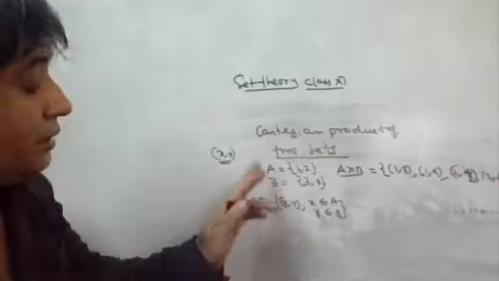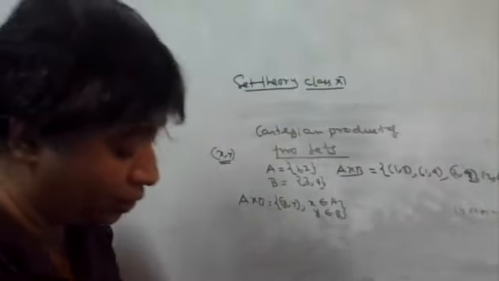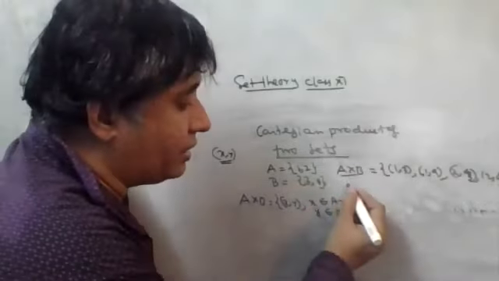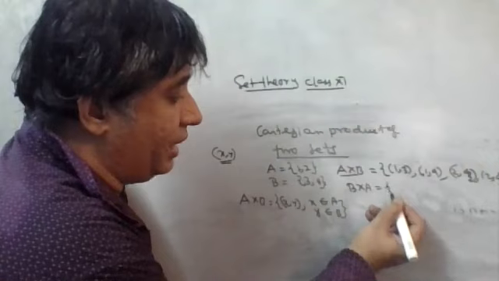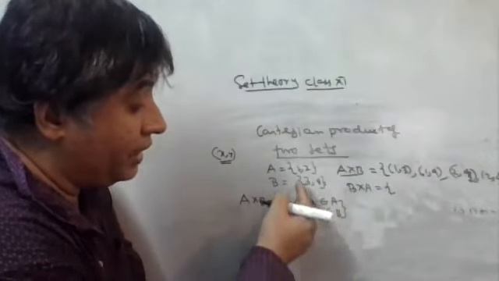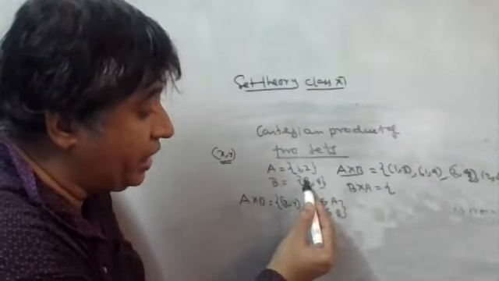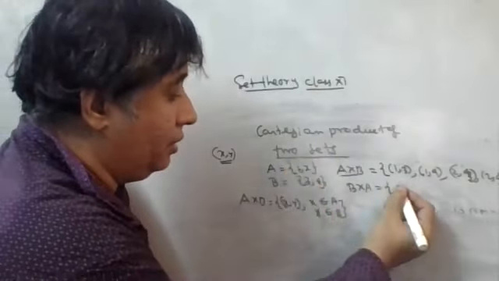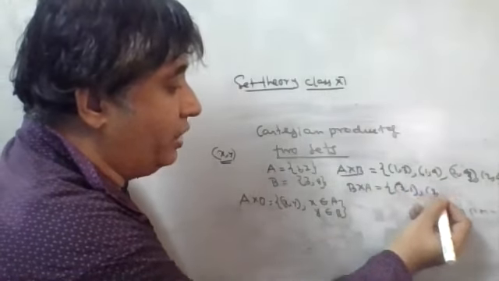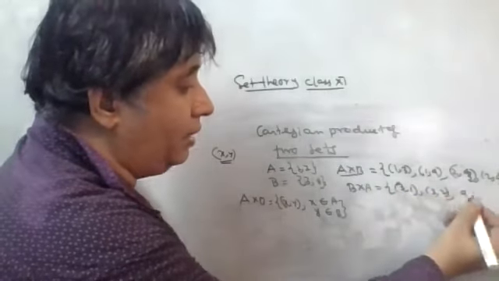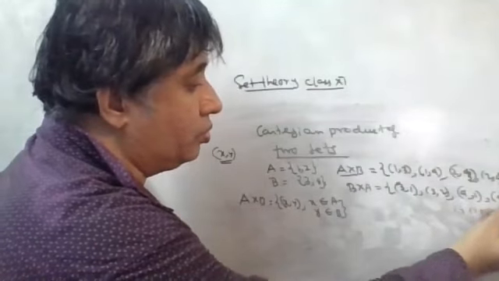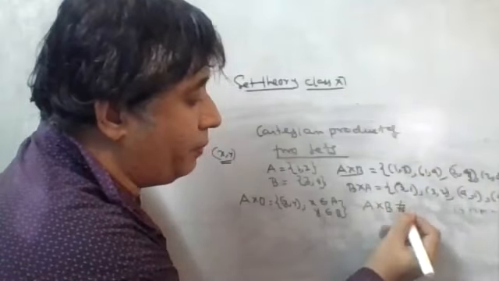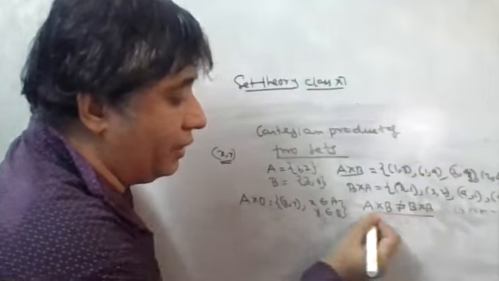So this is the Cartesian product between two sets A and B. That doesn't mean it is equal to B cross A. If it is B cross A, then see how many ordered pairs 3 will form with the elements of A: (3, 1), (3, 2), (4, 1), (4, 2). So you understood? Obviously in this case, A cross B is not equal to B cross A.